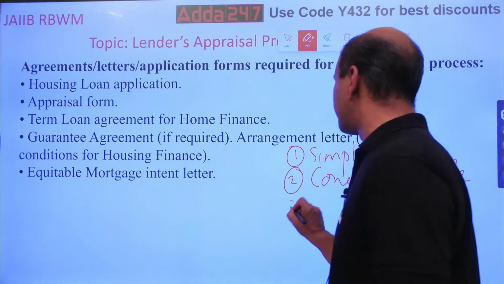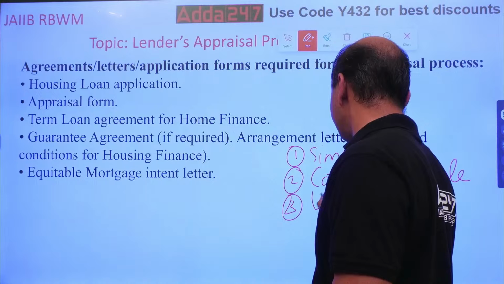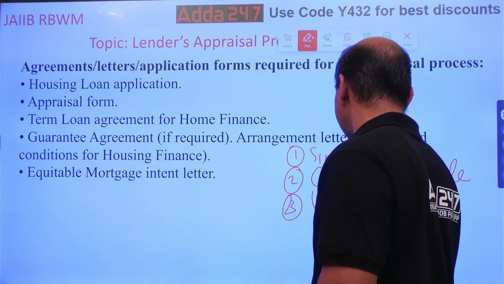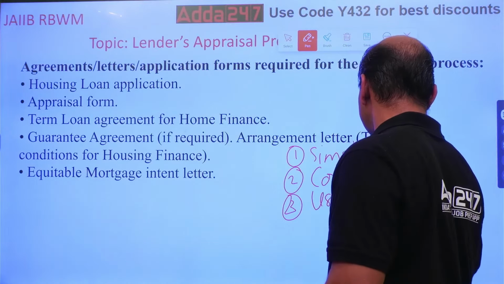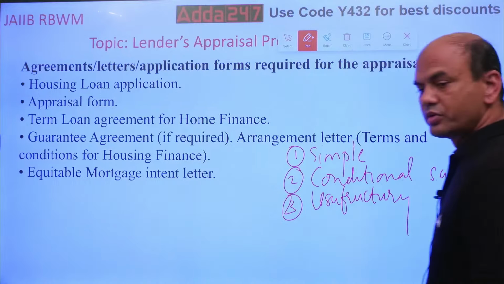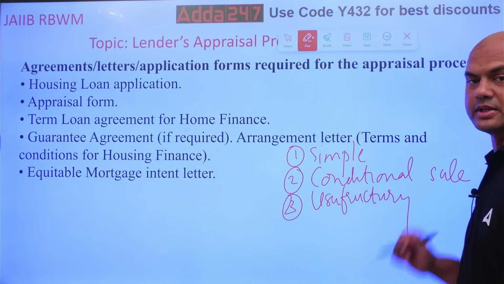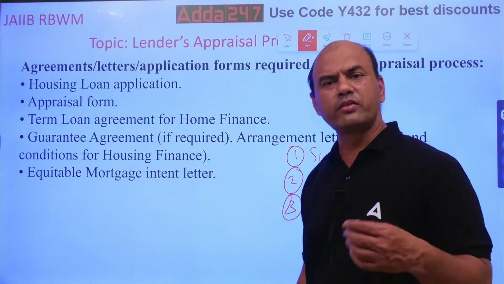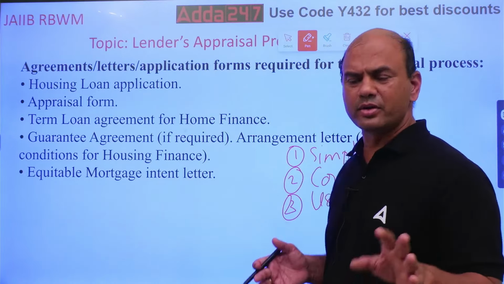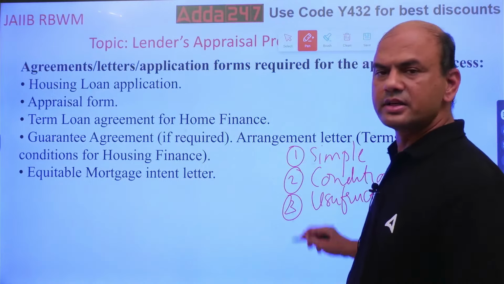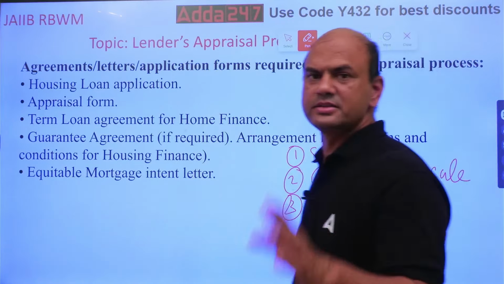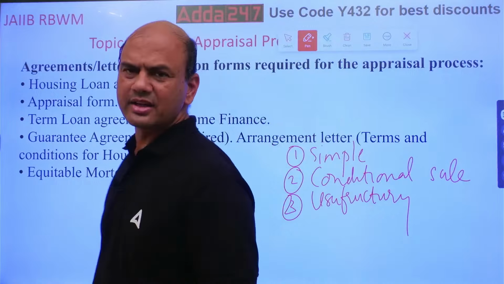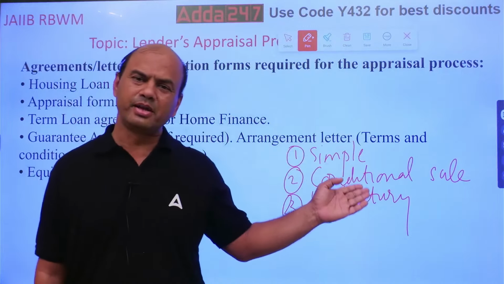Again, third is usufructuary. These are the 3 types of mortgages. All others, you call it English mortgage, you call it equitable mortgage, you call it any mortgage, these are under these 3 only. These 3 are the basics. Some other day I will take it because it is a deep topic.